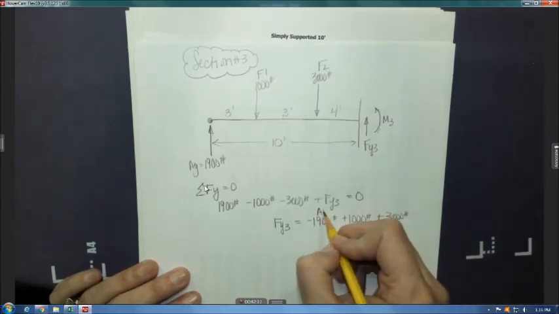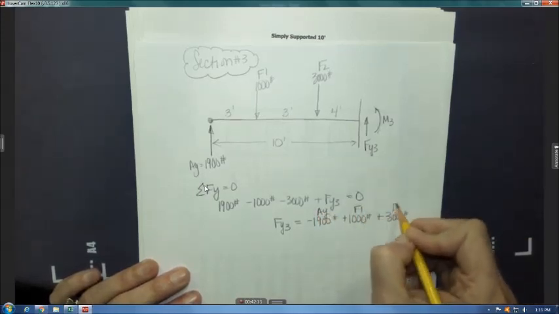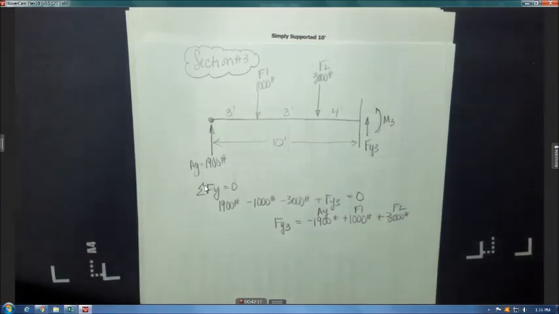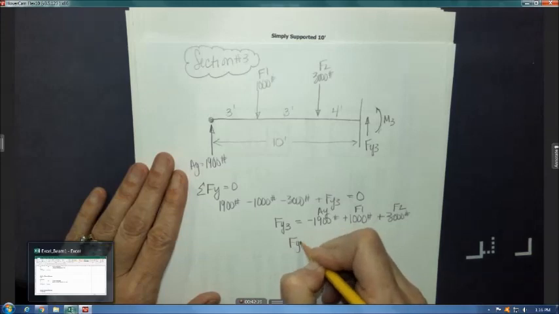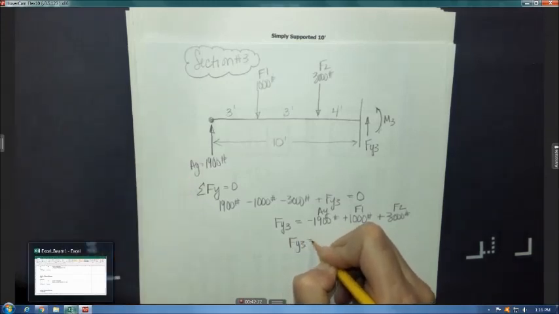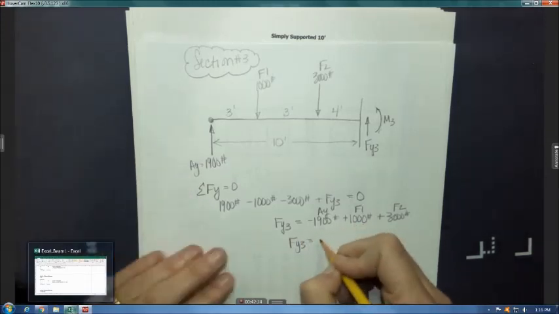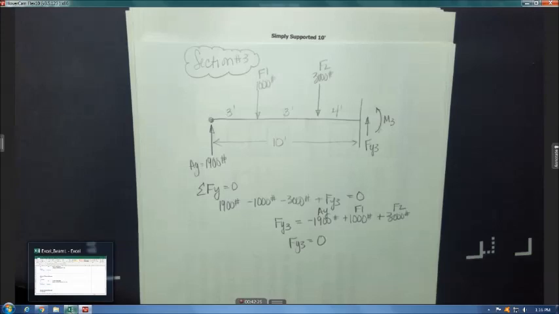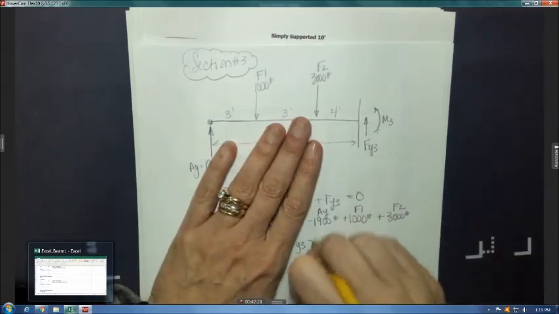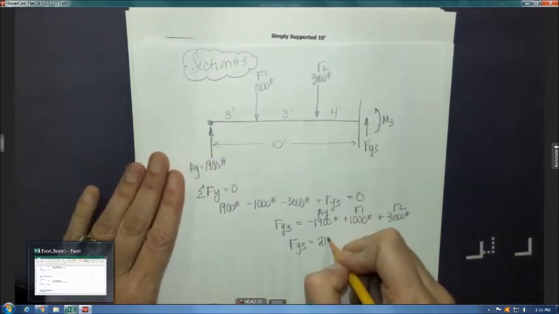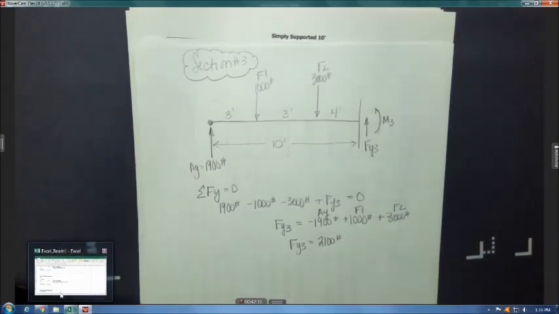So this is my AY, this is my F1, and this is my F2. Okay? So you'll notice when I look at my spreadsheet here, my Fy3 should come out to be 0. No, 2,100 was the BY value. Okay.